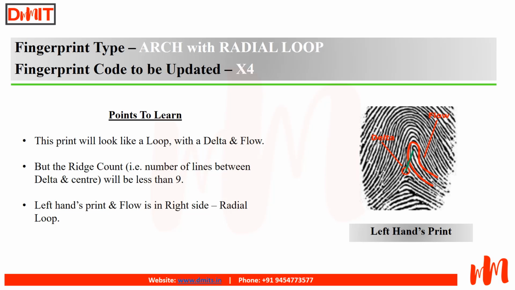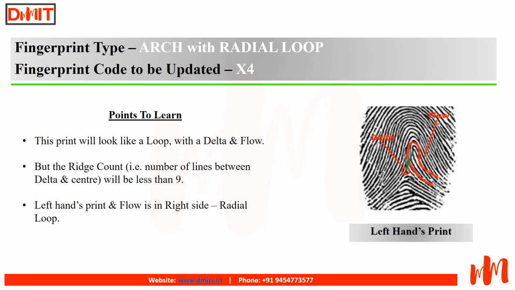Next is arc with radial loop. Again it will be like a loop, that is, with the delta and flow, but the only difference is that the ridge count will be less than 9. It is similar to a radial loop, the only difference being that in arc with radial loop the ridge count will be less than 9.